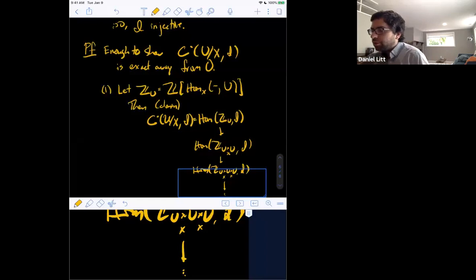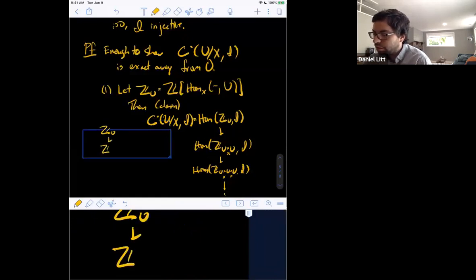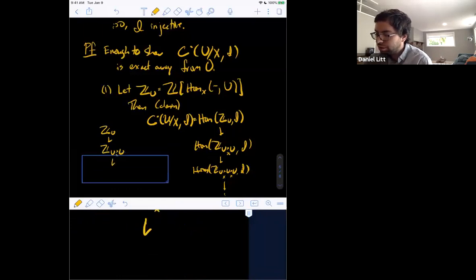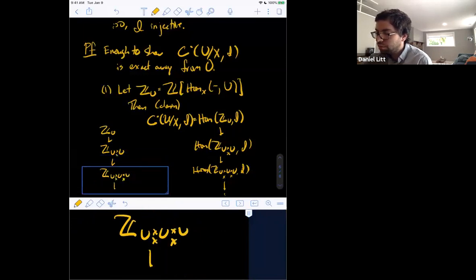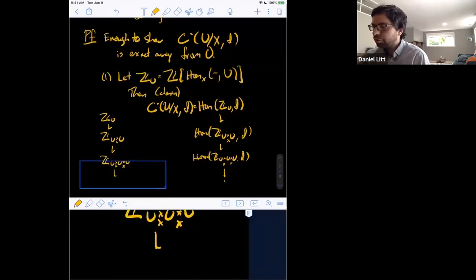By the way, what are we doing here? We have this complex. This is a complex of sheaves on the étale site of X. So what is this map?